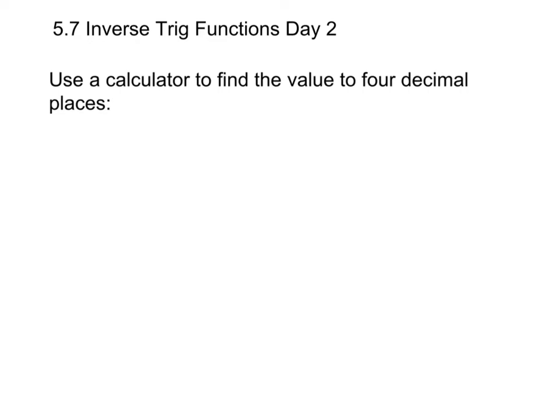Today we are going to do inverse trig functions day 2, and we're going to start off by learning how to use the calculator to find the inverse trig function. When you're doing this, two things you want to remember are to make sure that your calculator is in radian mode, and that you're using sine inverse, cosine inverse, or tangent inverse.